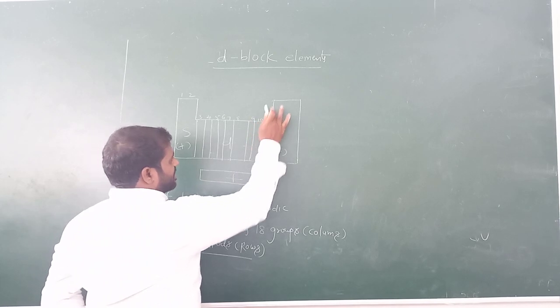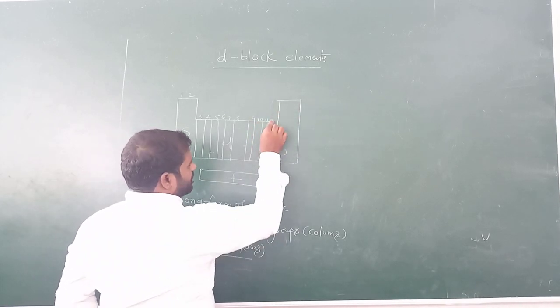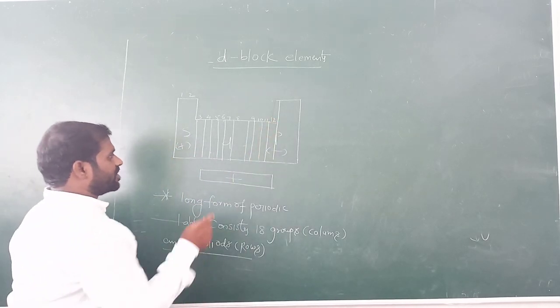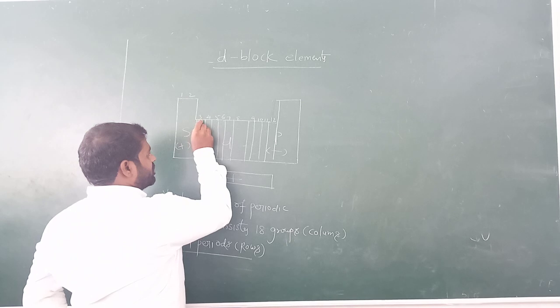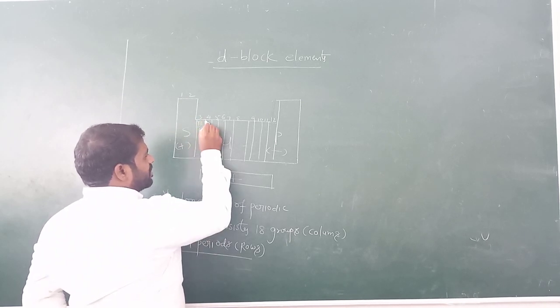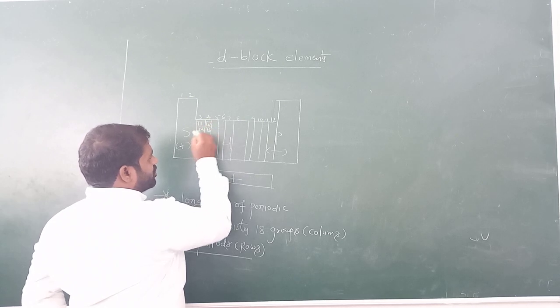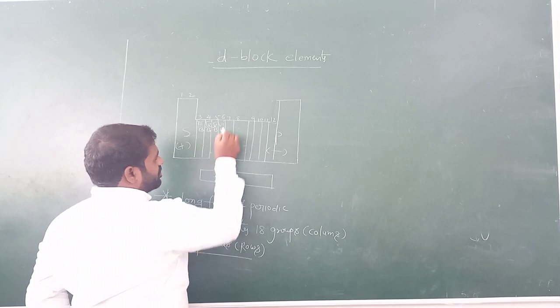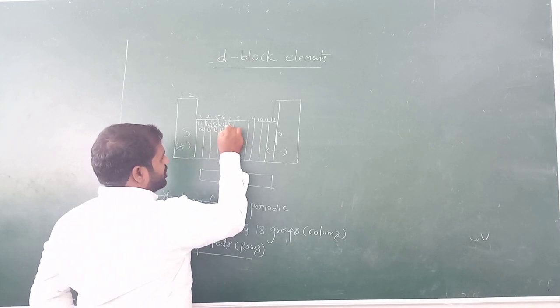One more group is there, that is the 12th group. Okay, clear? So we call it third B group, fourth B group, fifth B group, sixth B group, and seventh B group.